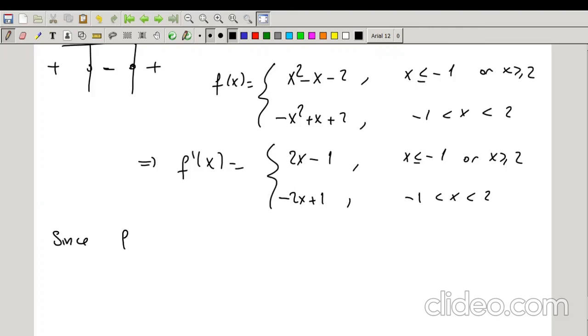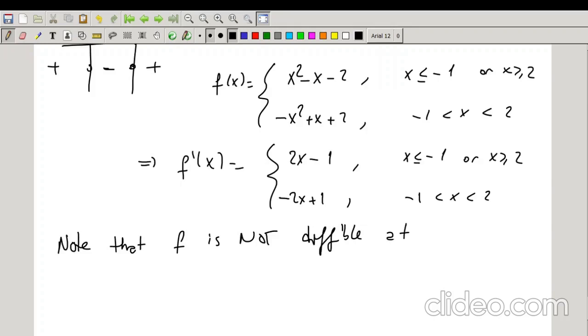Since f is continuous, we have already written that f must have absolute maximum and minimum. We have already stated that f is not differentiable at the point minus 1, so note that. We can rewrite again: note that f is not differentiable at x equals minus 1 and x equals 2.